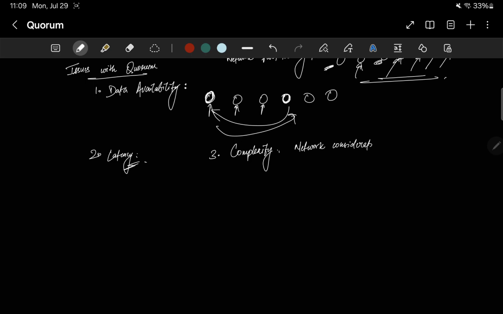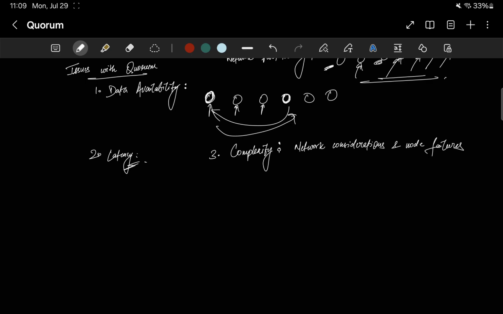Because there are multiple nodes, each of these need to communicate with each other, and we don't know what the network situation will be at current time, and different kinds of situations exist at different places, so node failures can be there, network partitions can be there, power outages can be there, so it introduces a lot of complexity.